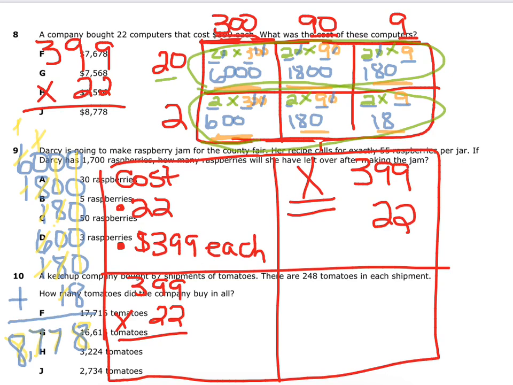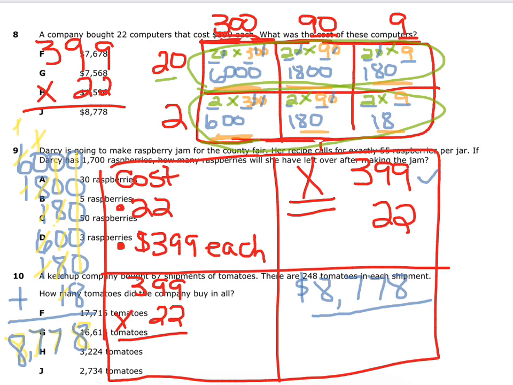Okay, so it's a lot of work, but it's worth it. If you can solve it better that way, then that's the best way right now, and we will work on the algorithm. So to check, it says the cost is $8,778. So is that a reasonable answer for 22 computers that each cost $399?